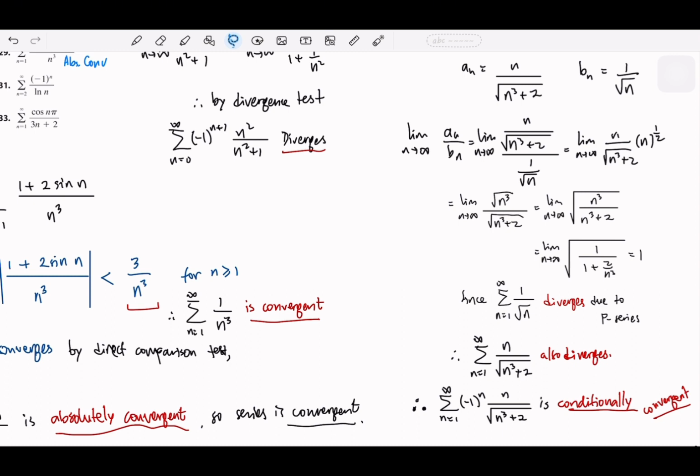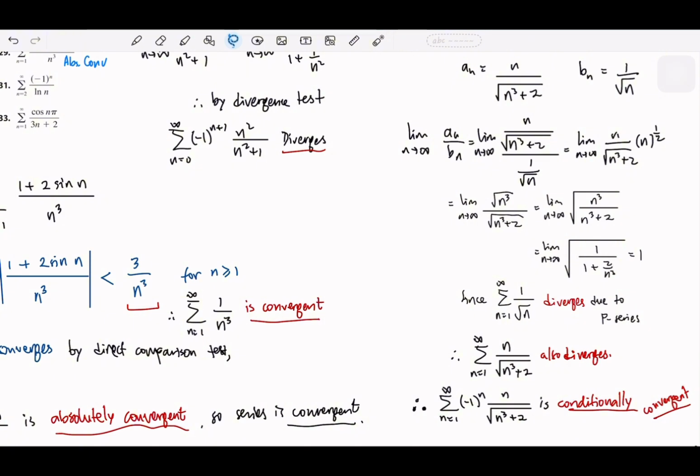Check the limit: if 0 and decreasing, it converges, but it's diverged here, so it's conditionally convergent. The algorithm will be faster if you check the absolute value first, and then determine the alternating series if it is diverged.